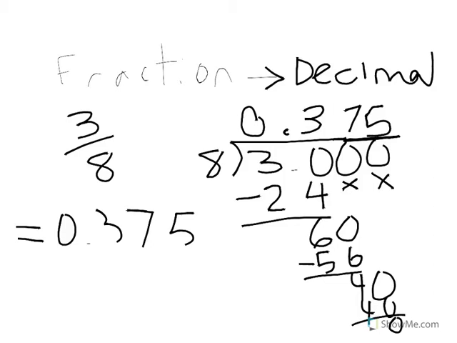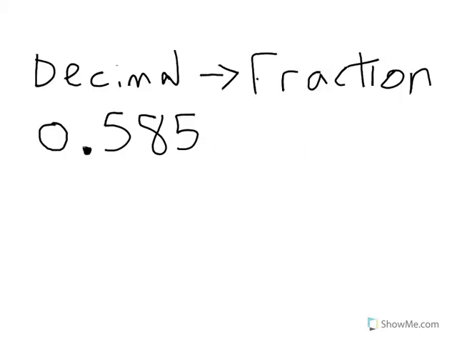Okay, next, we need to convert from a decimal to a fraction. So here we go. We've got a decimal, 0.585, and I want to write this as a fraction. So what I'm going to do is think of this not as a decimal number, but think of what this means.